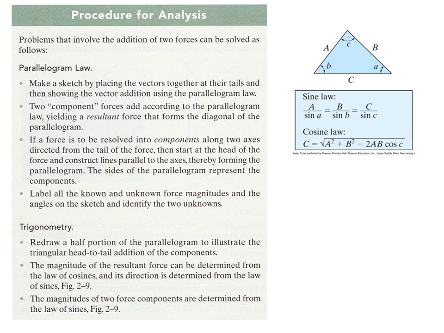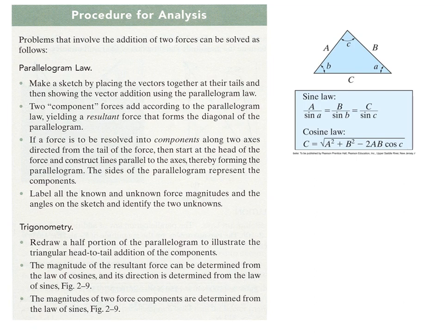If the force is to be resolved into components along two axes directed from the tail of the force, then start at the head of the force and construct lines parallel to the axes, thereby forming the parallelogram. The sides of the parallelogram represent the components. Now label all the known and unknown force magnitudes and the angles on the sketch, and identify the unknowns.